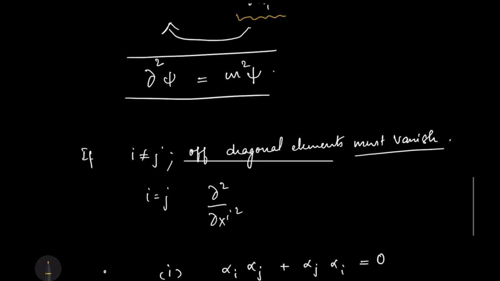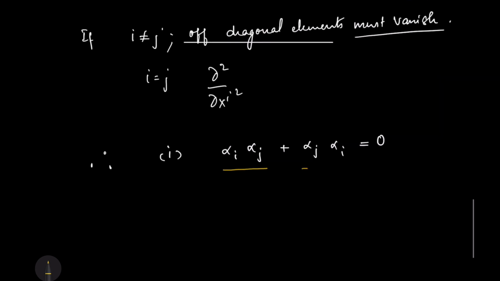So if j is present, alpha i alpha j, then the coefficient has to be 0.